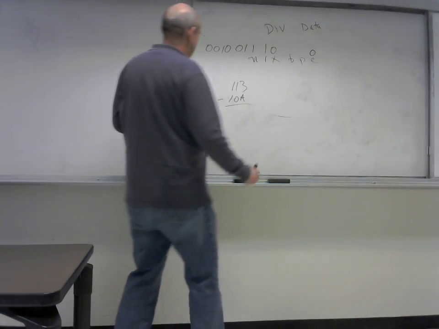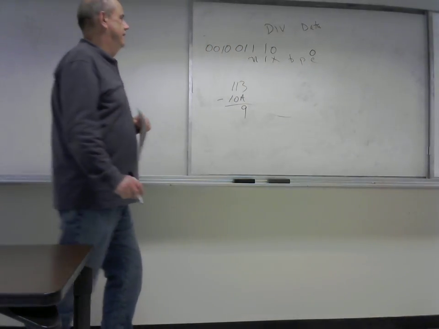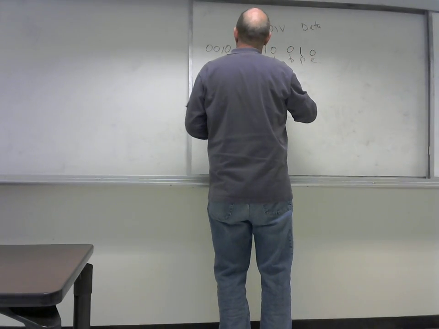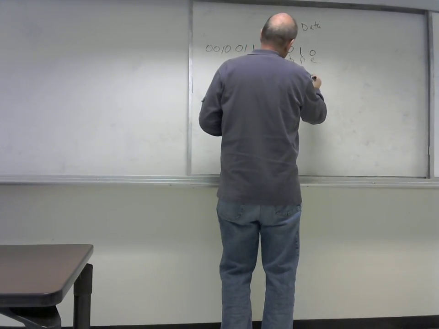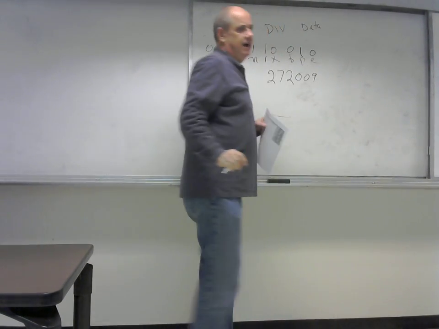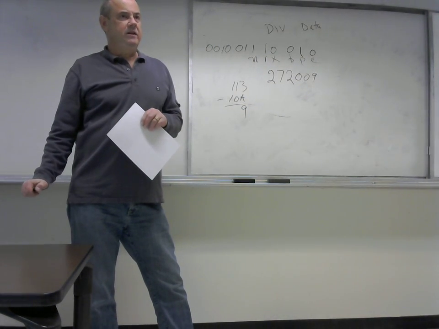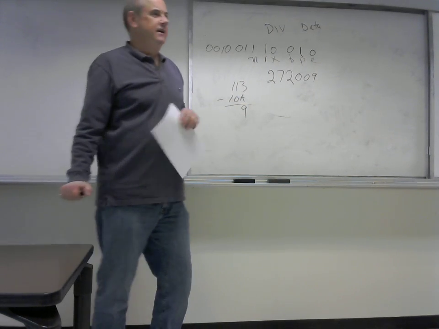Well, what is 9? Seems about right. So, PC works, forget base. We have 2, 7, 2, 0, 0, 9. Questions? Are we good? Okay.